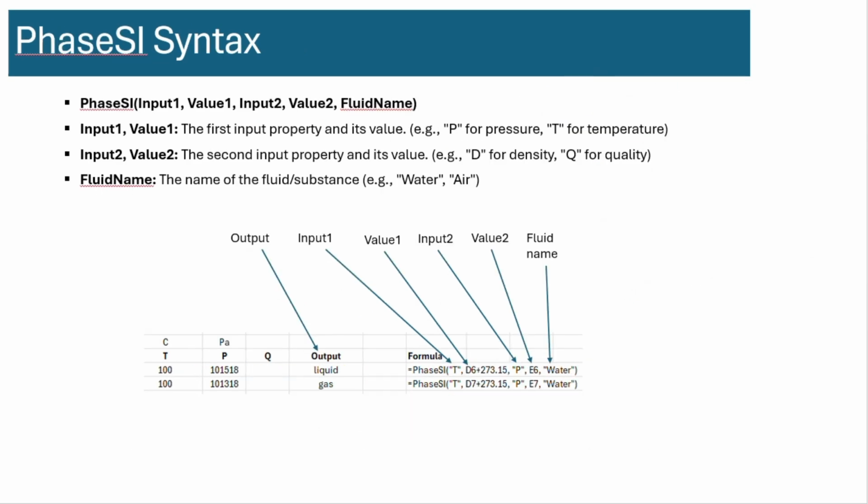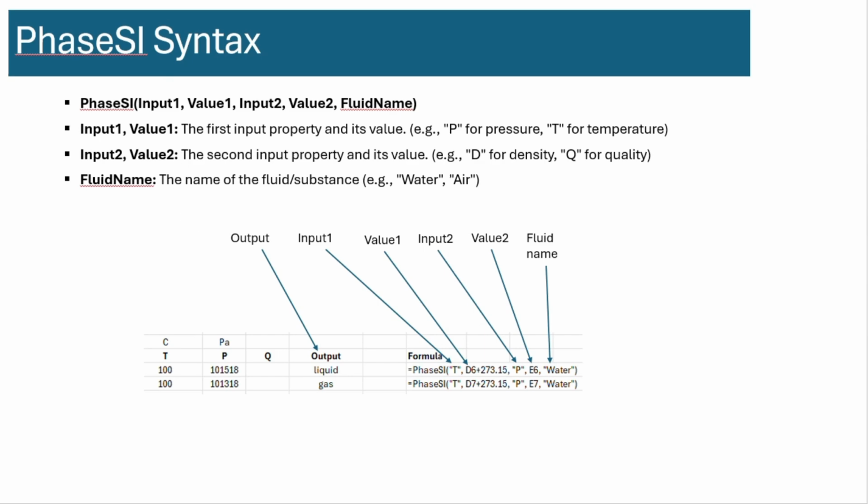The last one is PhaseSI. It's not a highly used function, but it's used for you to do a check. If you are doing a lot of calculation in Excel and you want to check what state the phase is in, whether it's a liquid, gas, or two-phase, you want to use this PhaseSI syntax.